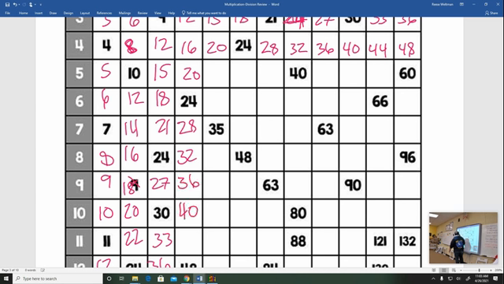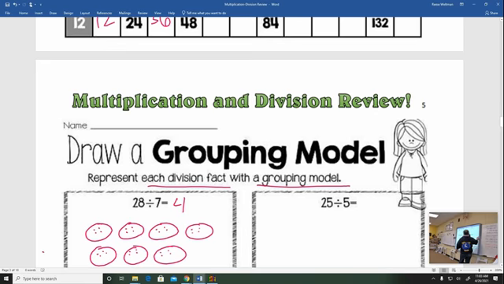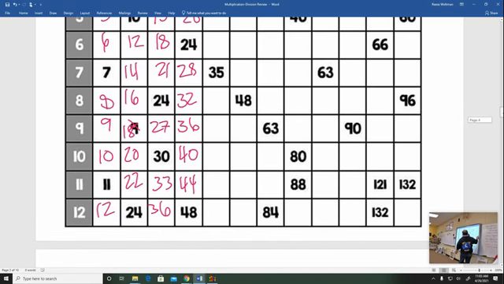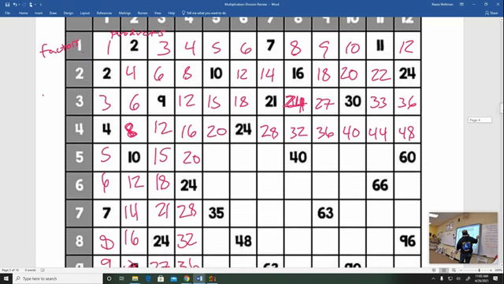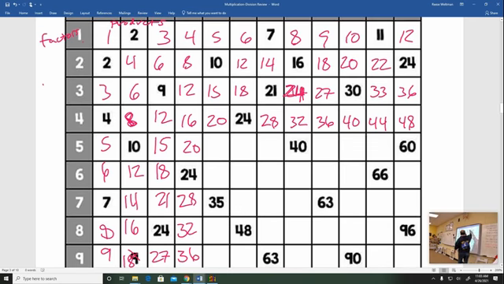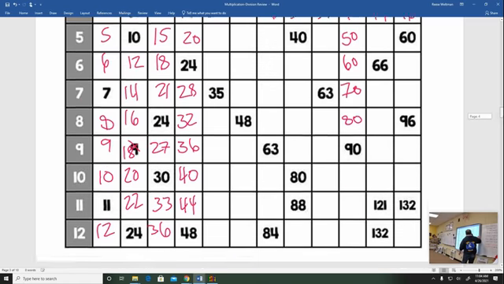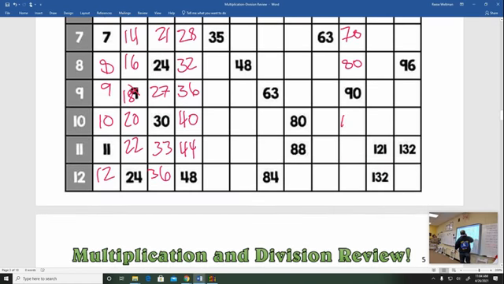Now, if it helps you, and this is what I recommended to a lot of you guys, also go and do really quickly your 10s. If we had already done the 10s, we would have some other things filled in. 10, 20, 30, 40. Guys, count with me. 50, 60, 70, 80, 90, 100, 110, 120, 130.